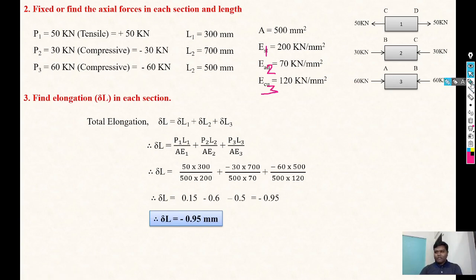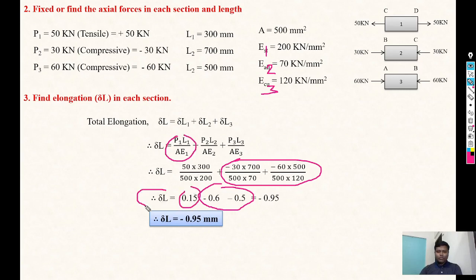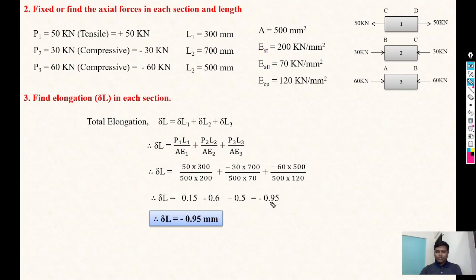That's why the elongation of the second and third sections is negative, and P1 is positive, that's why its elongation is positive, but the total elongation of the bar is minus 0.95. So 0.95 in minus means the bar is contracted by 0.95 mm.